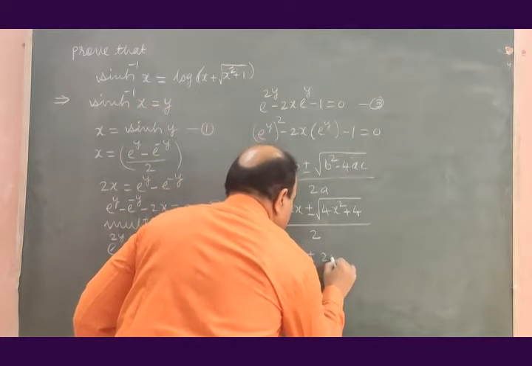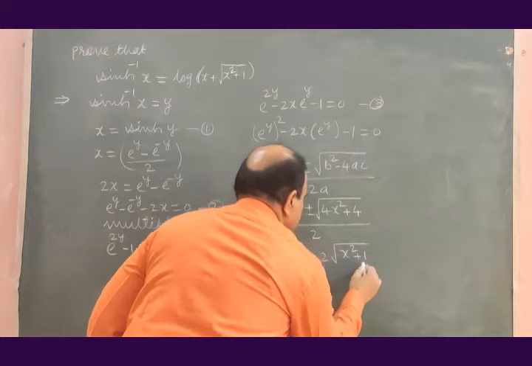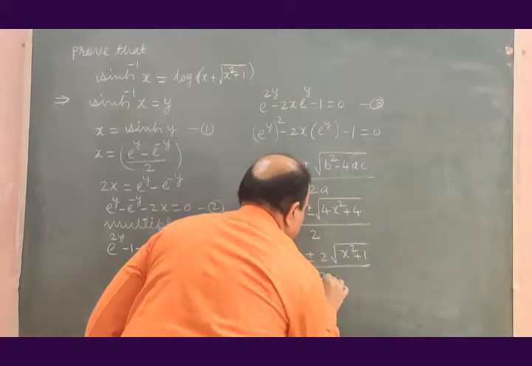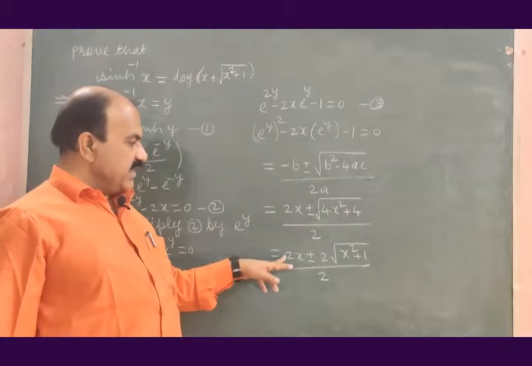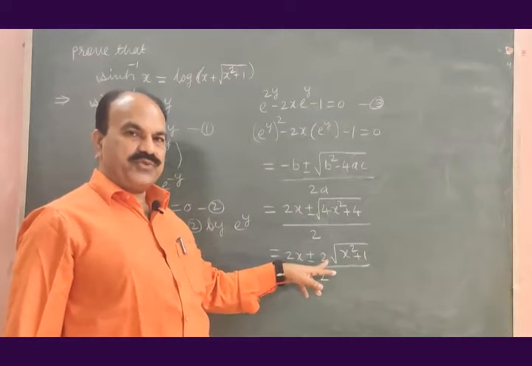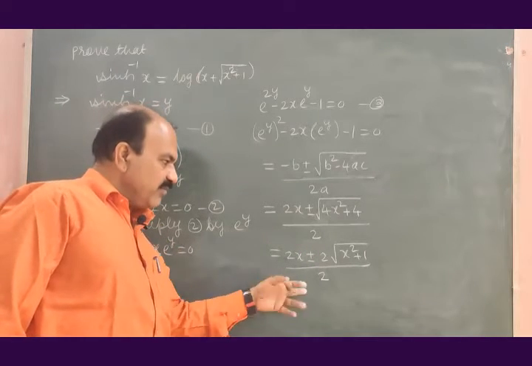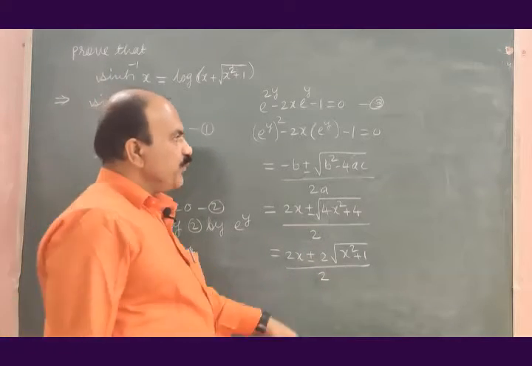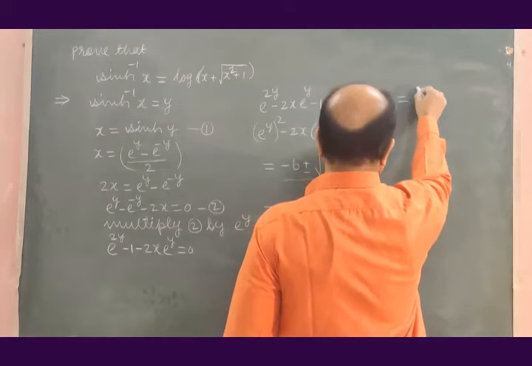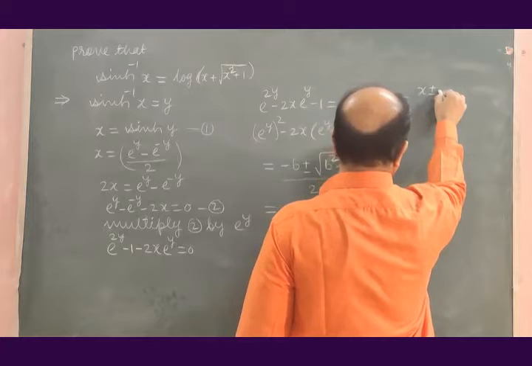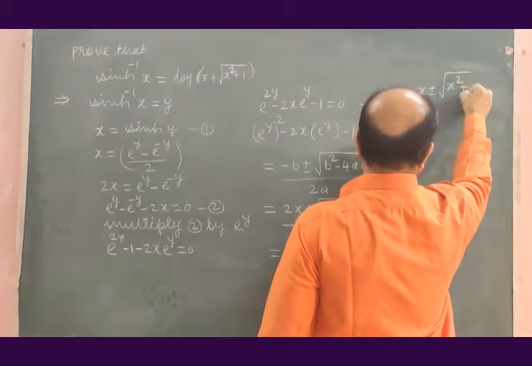So 2 into the square root of x square plus 1 divided by 2. These two get cancelled with this 2 and with this 2. 2 can be taken common, and when taken common, it cancels with this 2, and what is left? x plus or minus square root of x square plus 1.